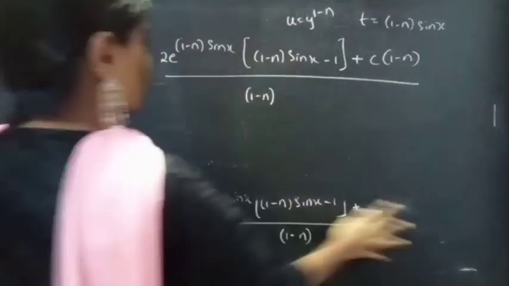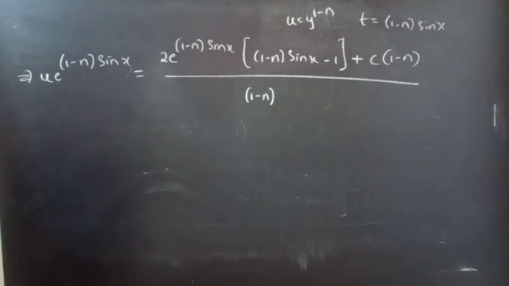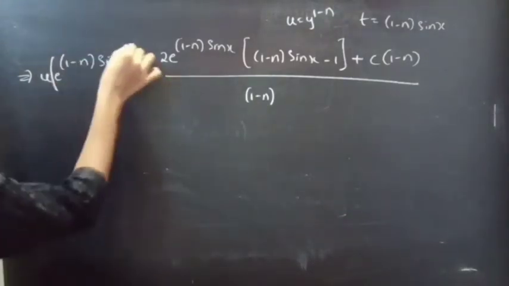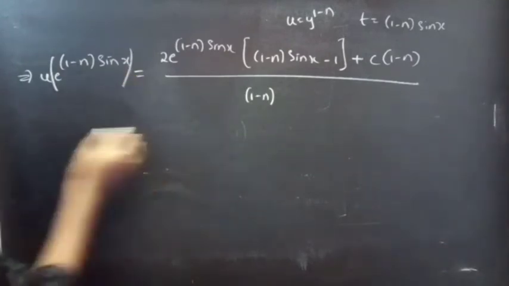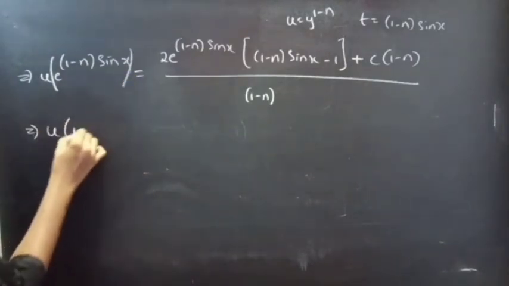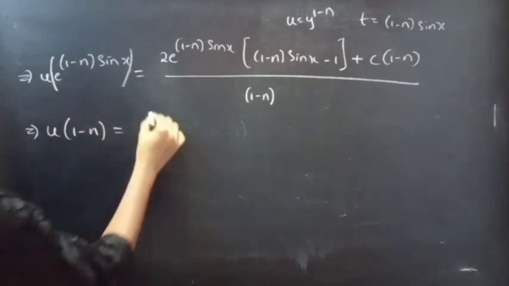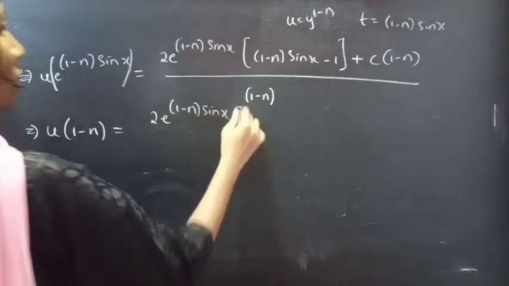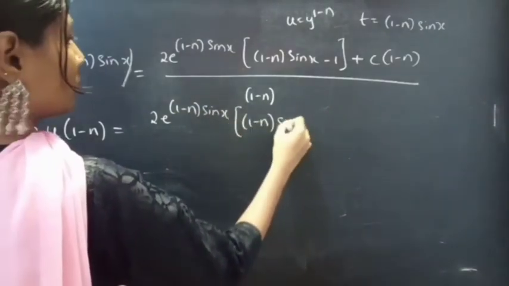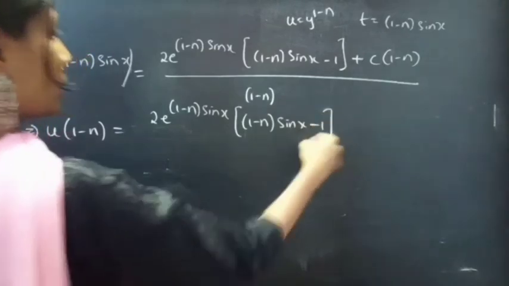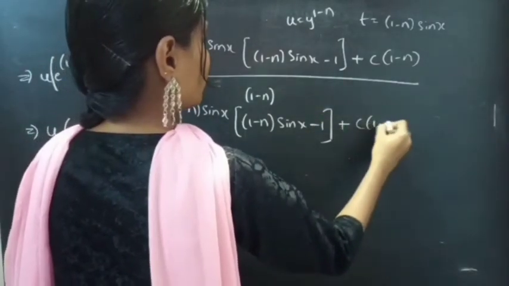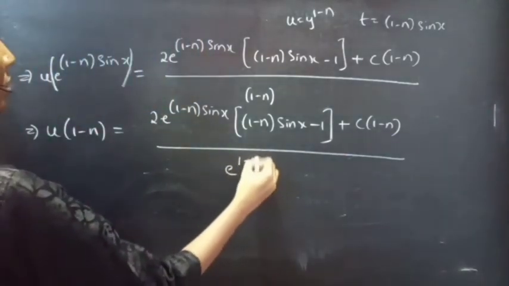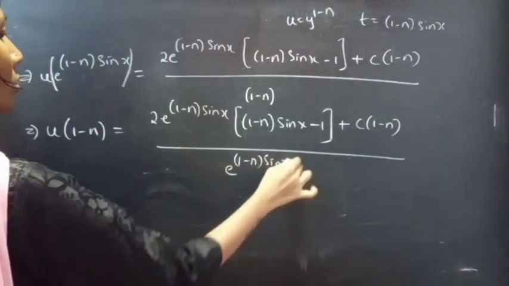Now take this 1 minus n to LHS and bring this e power 1 minus n sin x to RHS. You'll get u into 1 minus n equals 2 e power 1 minus n sin x into 1 minus n sin x minus 1 plus c into 1 minus n by e power 1 minus n into sin x.